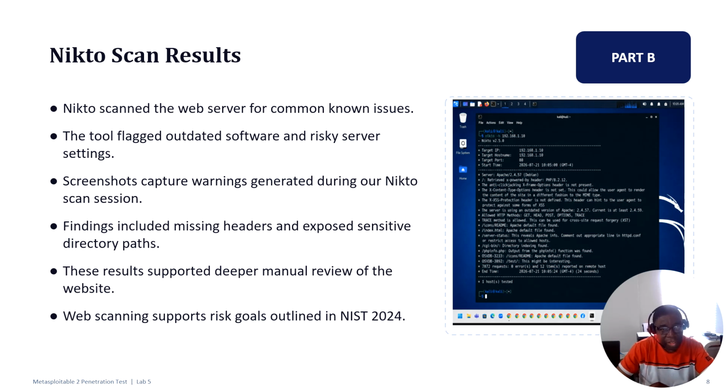In this screenshot, you can see the warnings it generated during the scan, including missing security headers and a couple of exposed directories that shouldn't have been publicly accessible. These findings pushed me to go back and manually review the website more closely. Web-focused scanning like this ties directly into the risk goals outlined in the NIST Cybersecurity Framework.